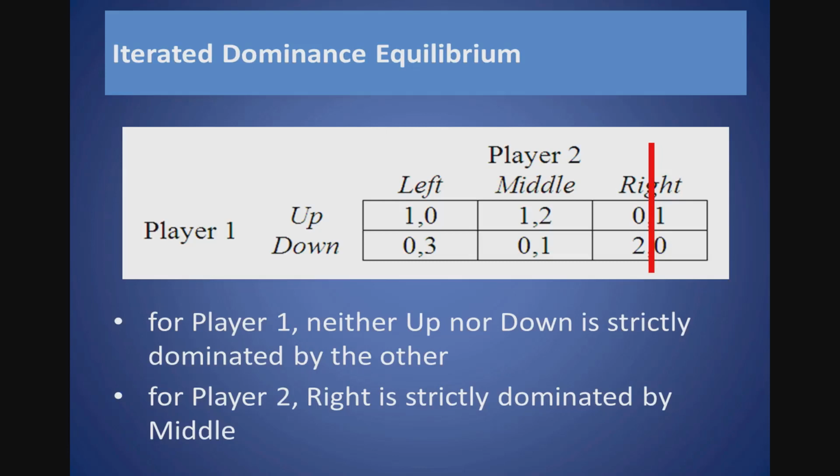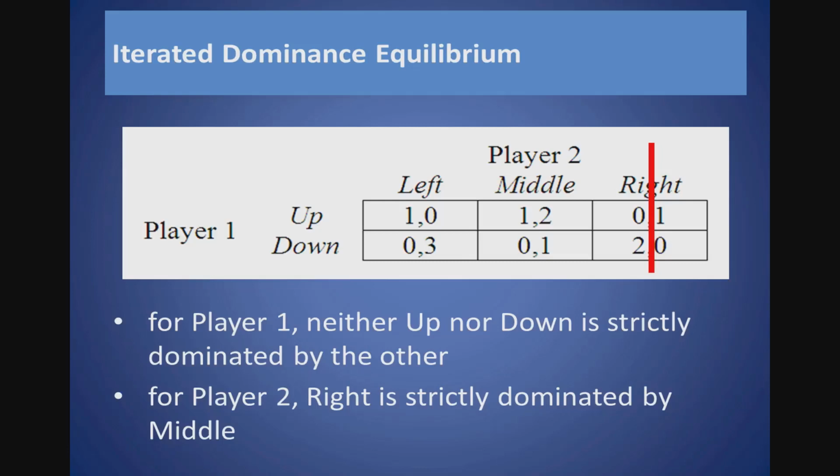Notice though, all I've done so far, I've talked about middle and right. I've said absolutely nothing about left. We're not looking at left. We're not concerned about left. All we're interested in, if player 2 had the options of middle and right, would he ever choose right over middle?